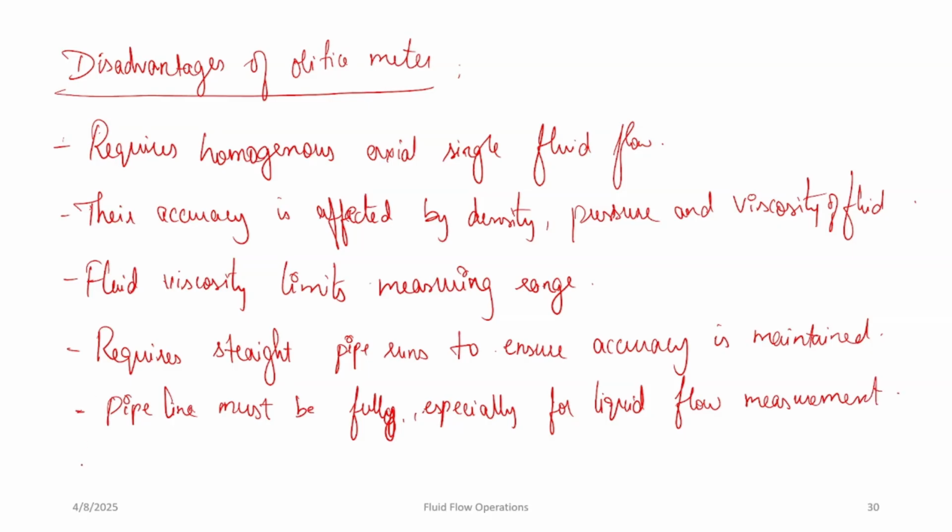They have low rangeability. Okay. So these are the disadvantages of Venturi, sorry, orifice meter.